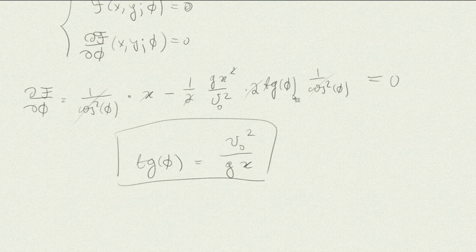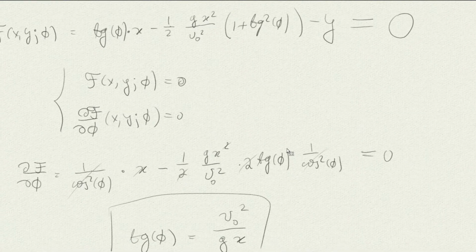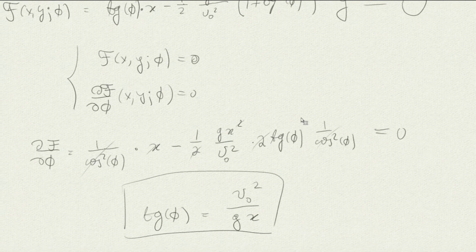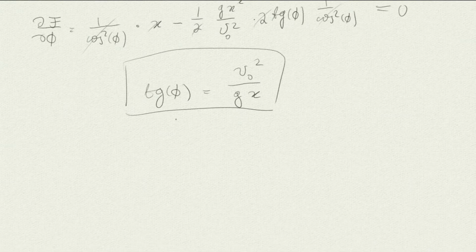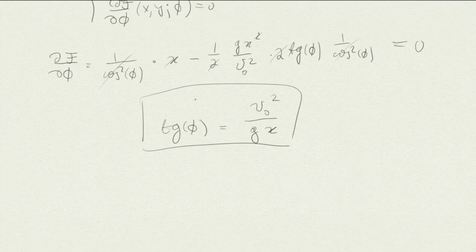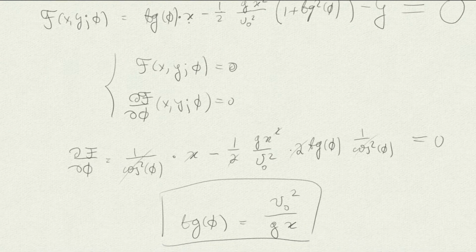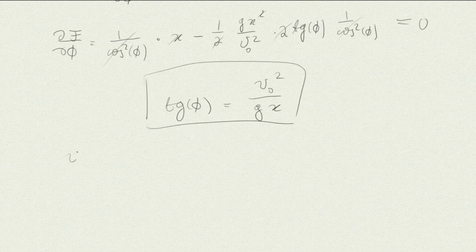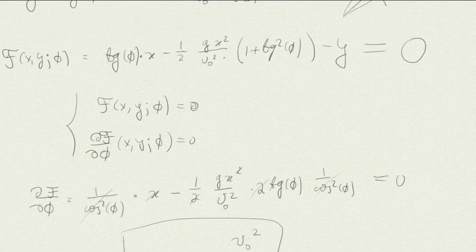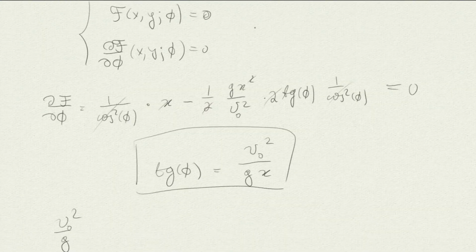And now if we plug it into the equation that we had previously, what we have is the equation for the envelope. Plugging this in here, we see that this x is getting reduced. So we are getting v0 squared over g, and this term we're going to have minus 1/2.